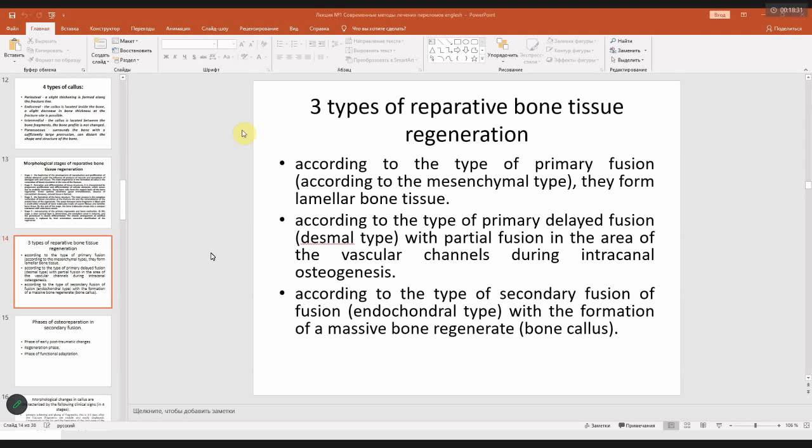According to the type of primary delayed fusion, with a partial fusion in the area of vascular channels, intracanal osteogenesis. According to the type of secondary fusion, endochondral type, with the formation of a massive bone regenerate, bone callus.